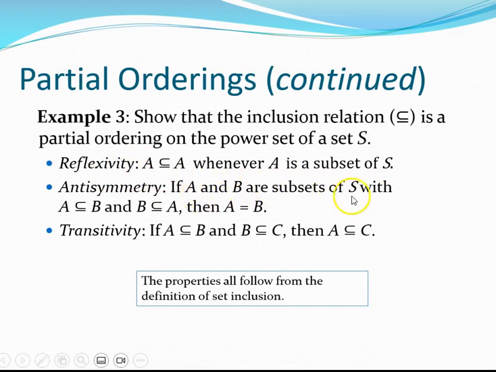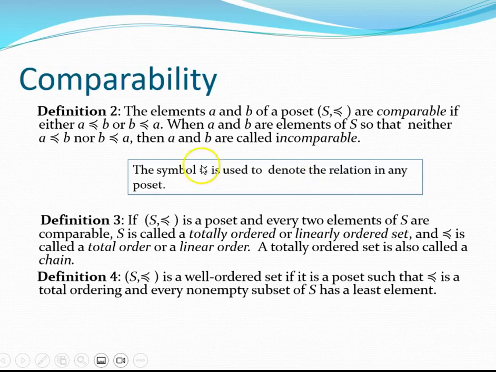If A and B are subsets of S, and A is a subset of B and B is a subset of A, obviously A is equal to B. So the relation is anti-symmetric. And A subset of B subset of C implies that A is a subset of C. This is from the definition of a subset. So the relation is transitive, so the power set of S is a poset with respect to this relation.